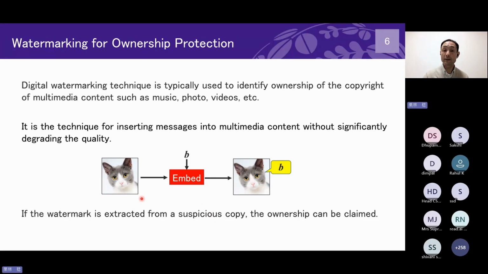This slide shows an example. This is the original image, and the owner wants to embed the watermark information like this B, and using a certain algorithm embeds it. Then as a result, it outputs the watermarked contents, which involve the sub-information B. So if the watermark is extracted from a suspicious copy, the owner can claim the ownership of the image. This is a typical model of digital watermarking.